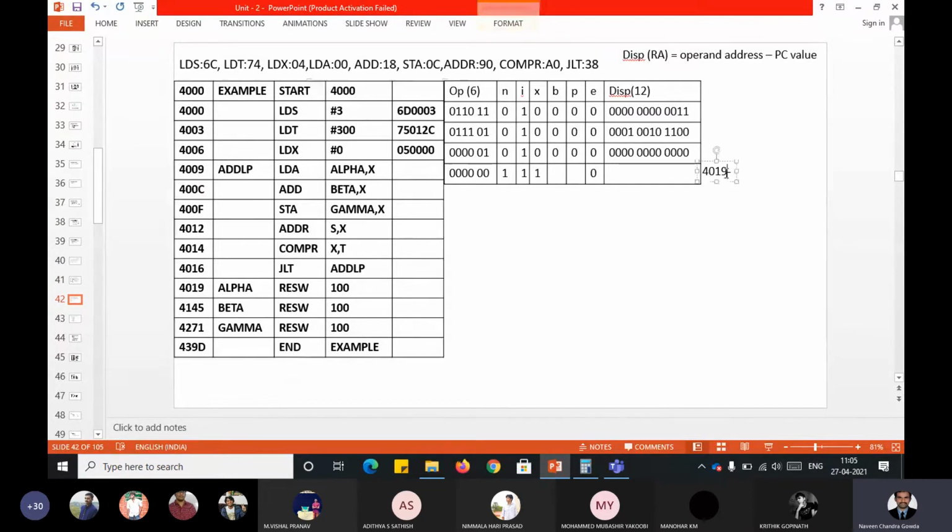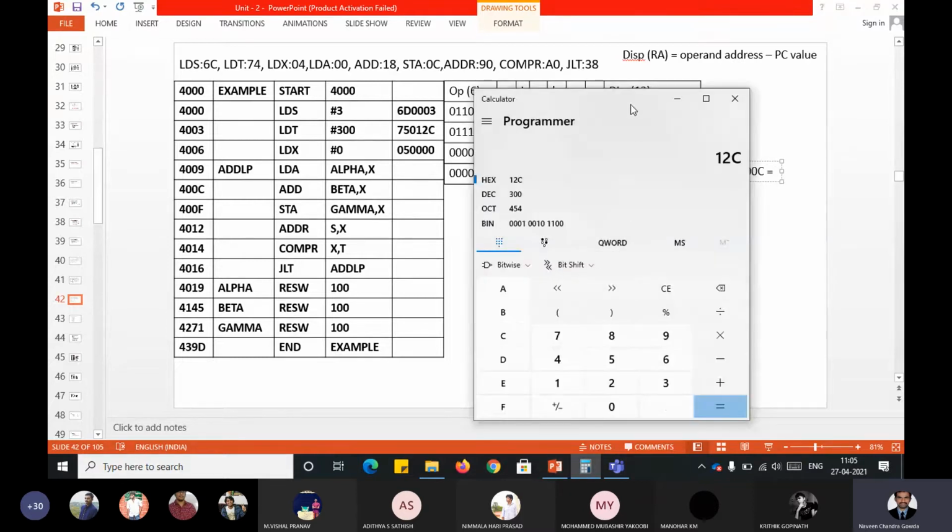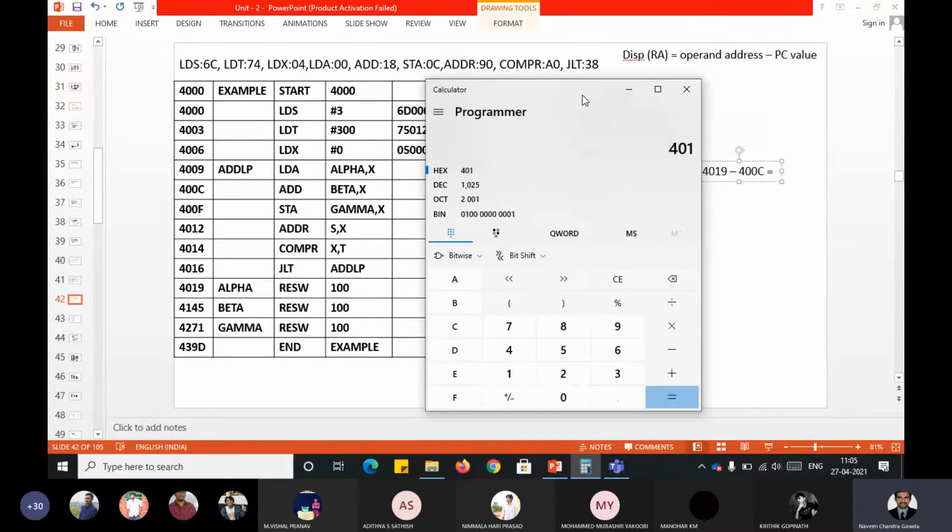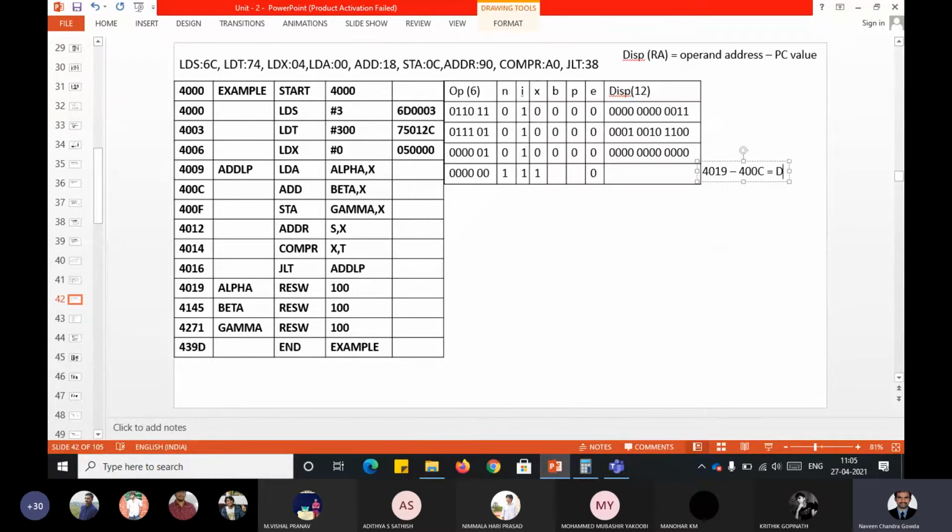So it is 4019 minus 400C. What are you getting? You are getting D. So that D I'll be writing as 00D, because I need to fit into the 12 bits.